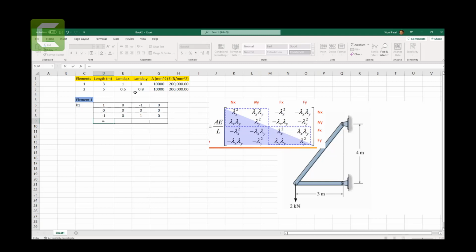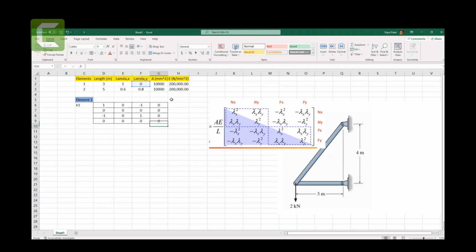Minus lambda x times lambda y, minus lambda y square, then lambda x times lambda y, and then lambda y square.